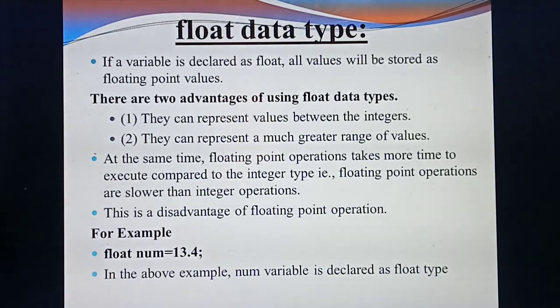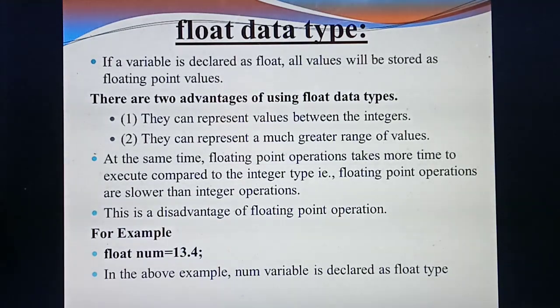There are mainly 2 advantages if you are using the float data type. Important question. For example, you are going to add 2 numbers, A and B, but they are point numbers, 5.5 and 10.6.